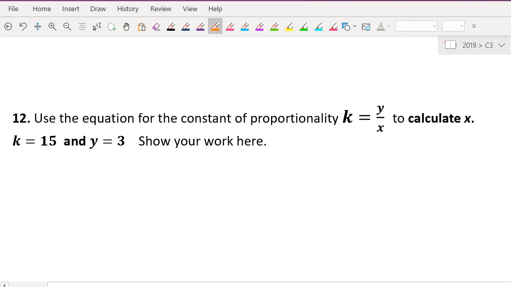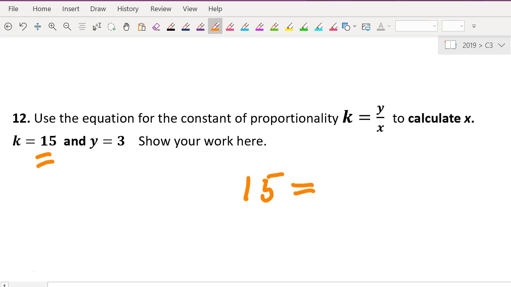Last one! Use the equation for the constant of proportionality to calculate x. Oh, they're being tough. Watch this. Instead of writing k, we're going to write 15. They're being a little tricky. So y over x.